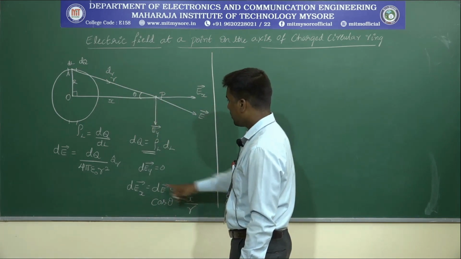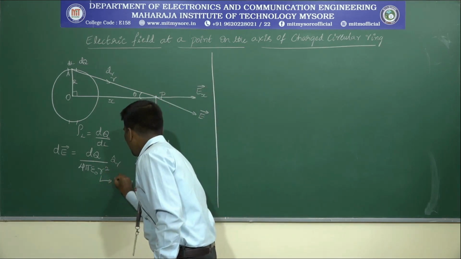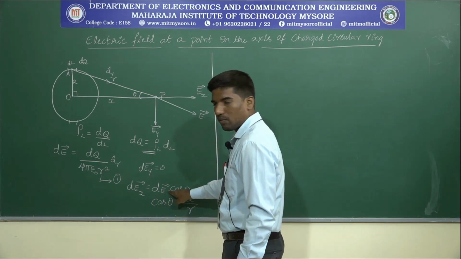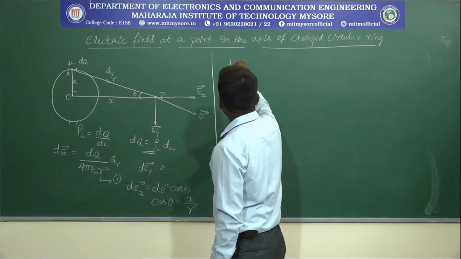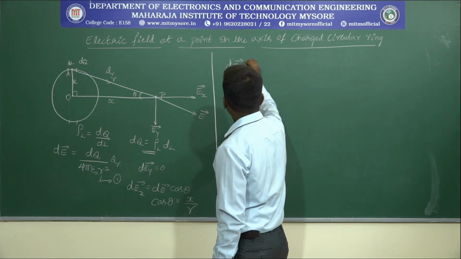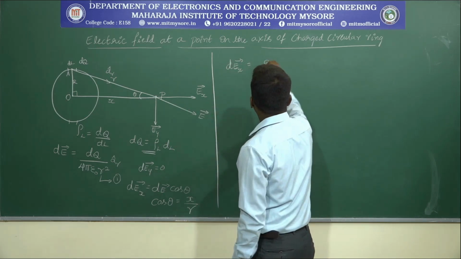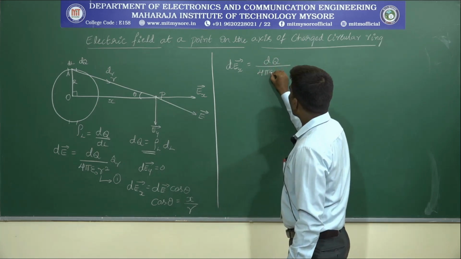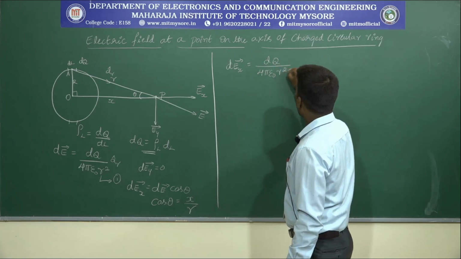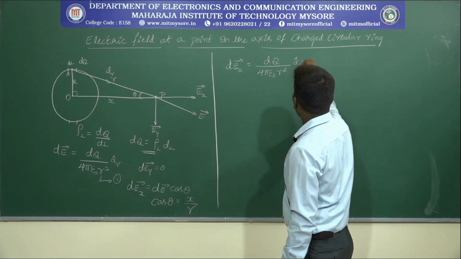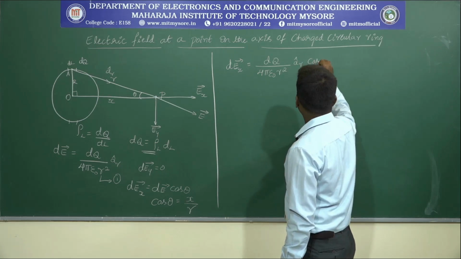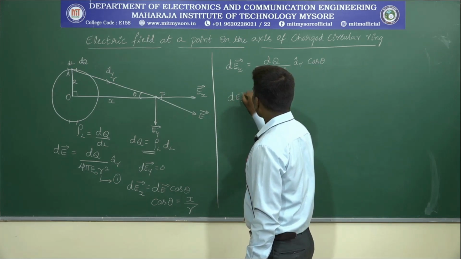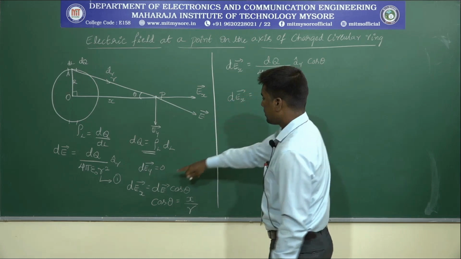Then substitute equation 1 into this equation. Therefore, dEx is equal to dq divided by 4 pi epsilon naught r square into a cap r into cos theta. What is dq?